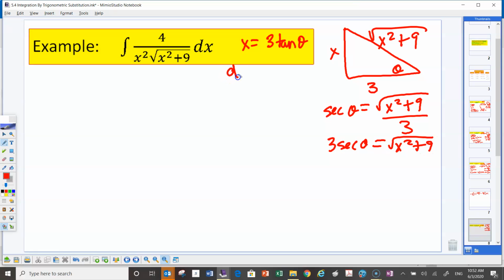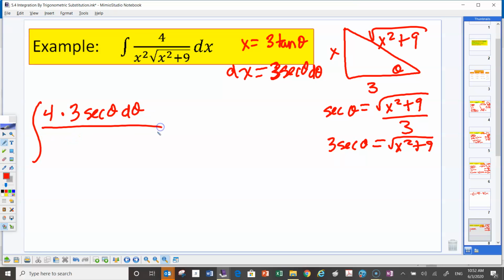And if I take the derivative here, I'm going to get 3 secant squared theta d theta. So now I can make my substitution. So I have this 4, which I'm just going to leave right now. And in place of the dx, I'm putting in 3 secant squared theta d theta.